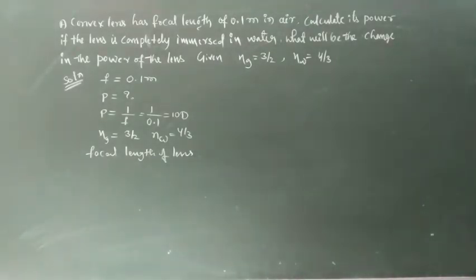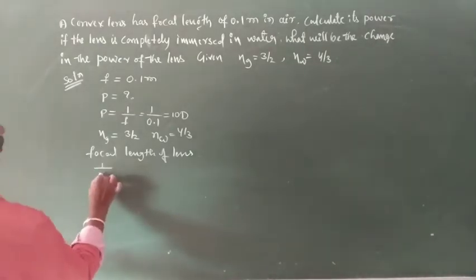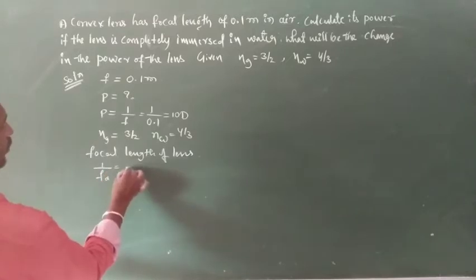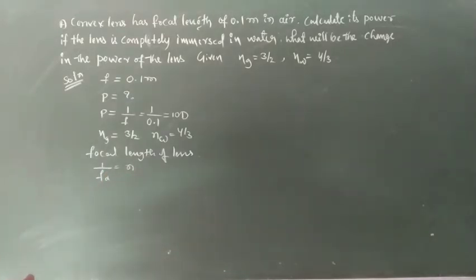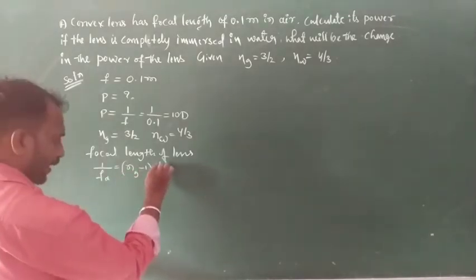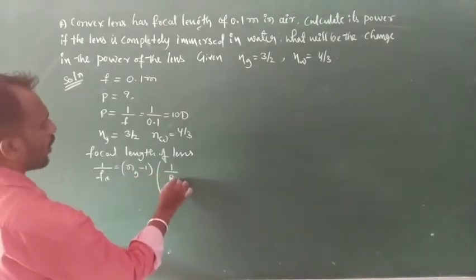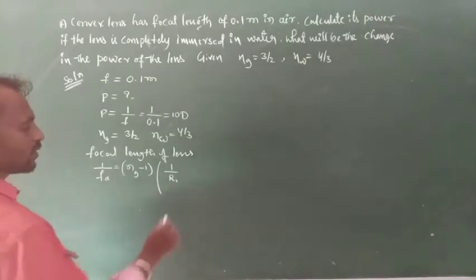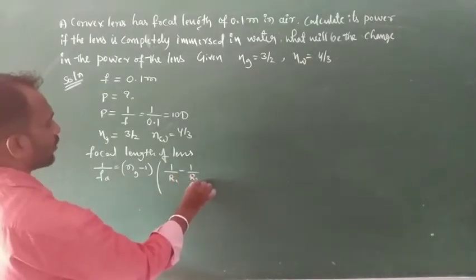When the lens is placed in air, 1 by focal length in air is equal to the refractive index of glass, because the lens is made of glass, minus 1, into 1 by R1, the radius of curvature for one surface, minus 1 by R2.